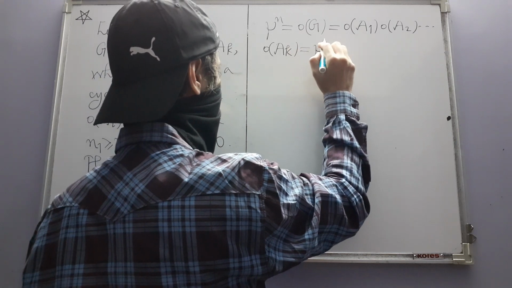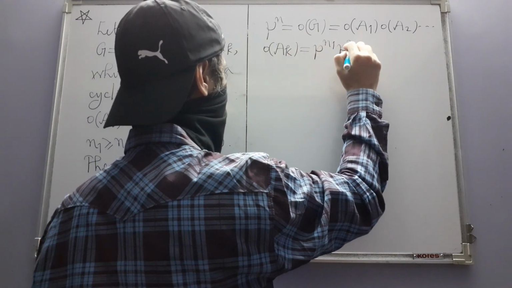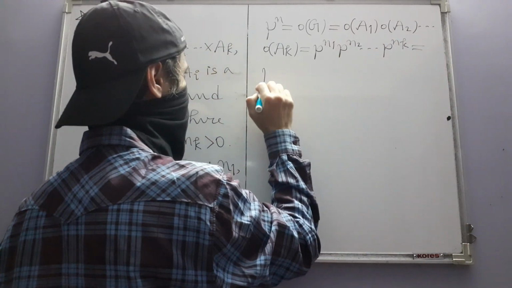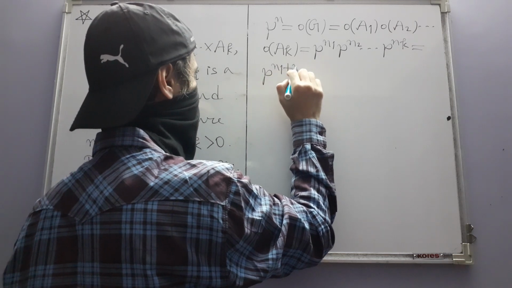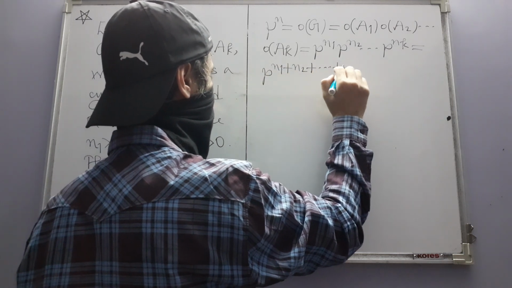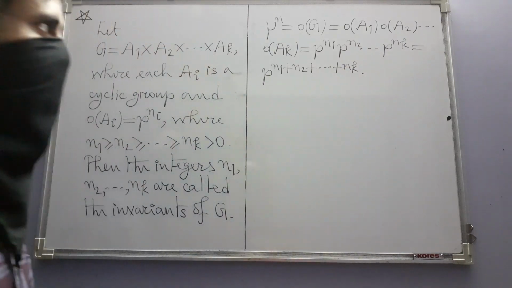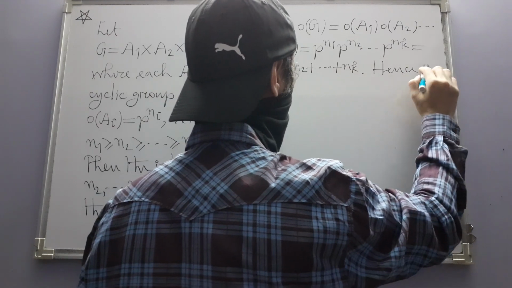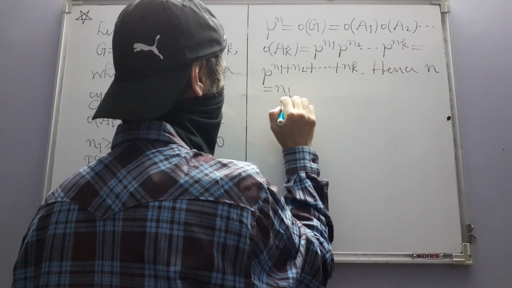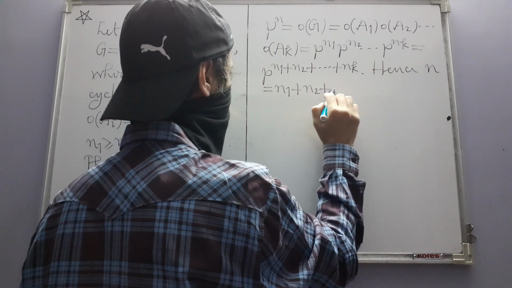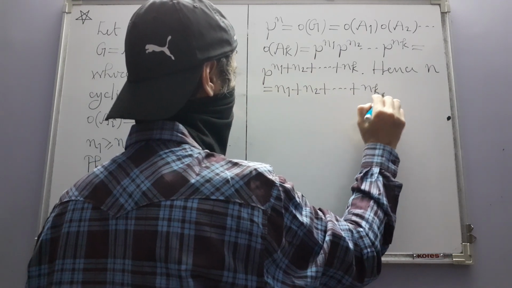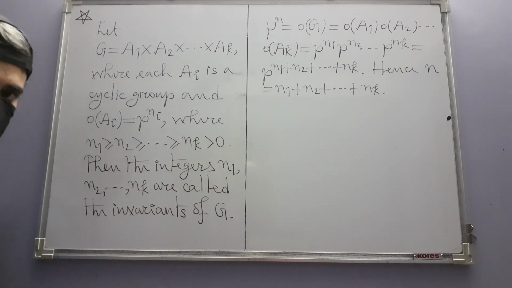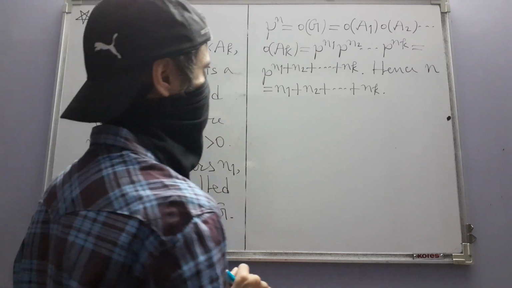However, we already know their orders, and so by one of the rules of exponents we get this, and hence n is equal to the sum of these n_i's, and note that all these n_i's are positive. That condition is also there for us.